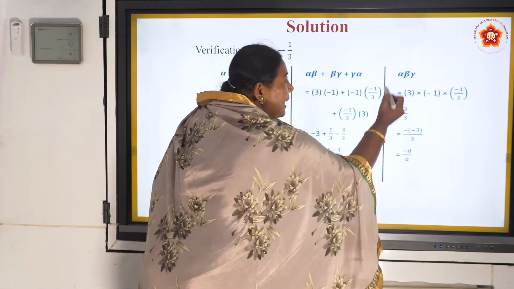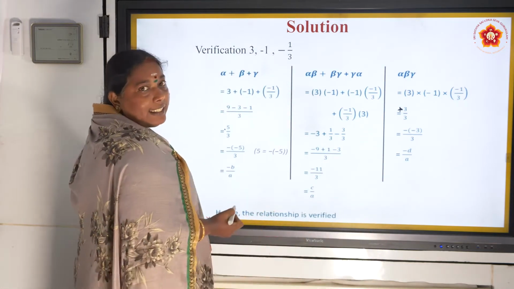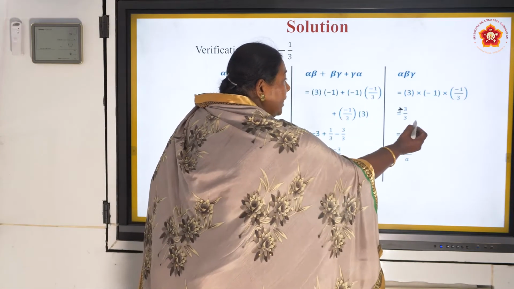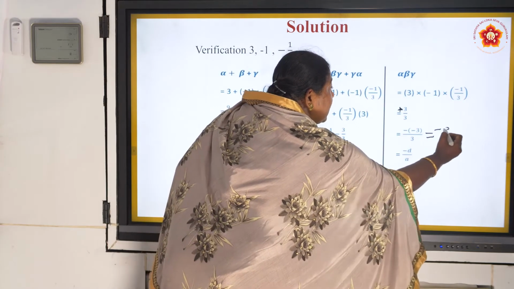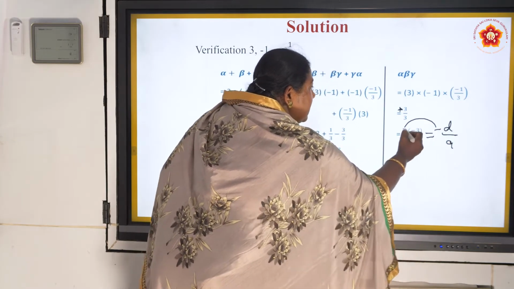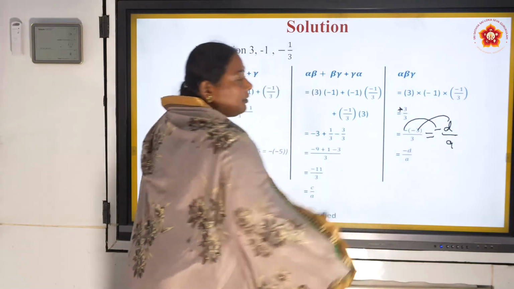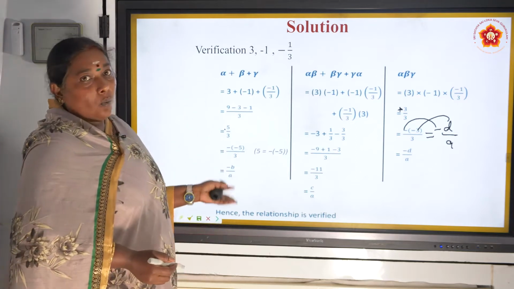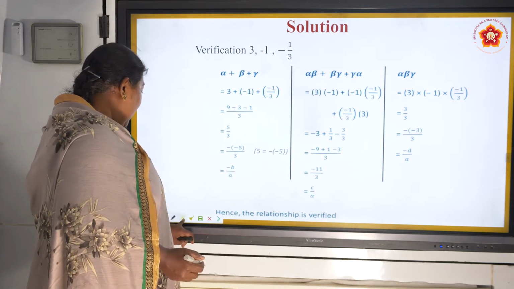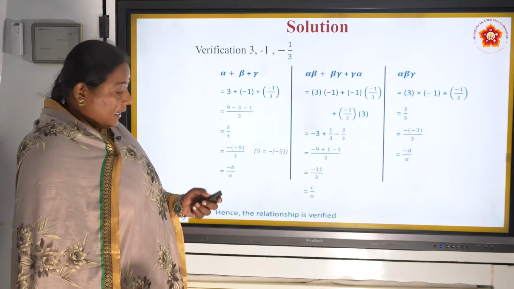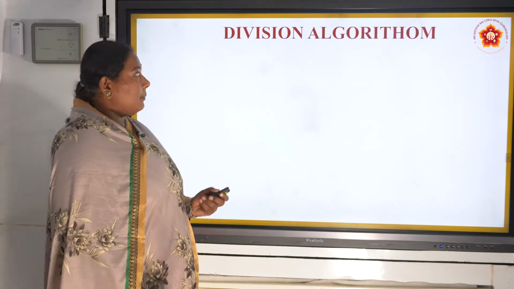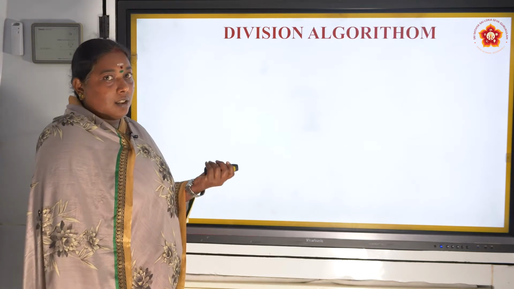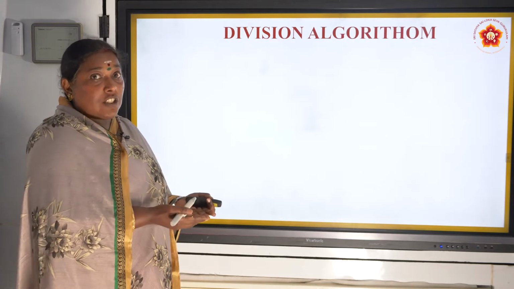We will change the plus as minus of minus 3. It is equal to minus d by a. A minus is here and d is minus 3. That is what we already have in our equation. So this is the verification of our sum. I think you all did it correctly. Let us move on to today's session. Division algorithm. I think you have learned it in 9th standard and also in the first chapter, real numbers.